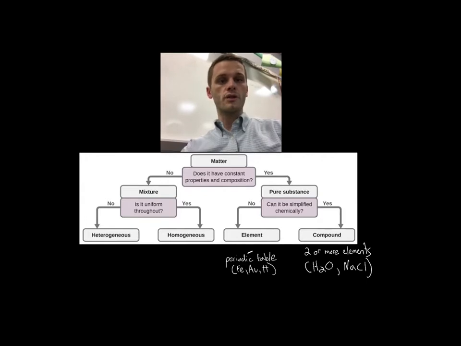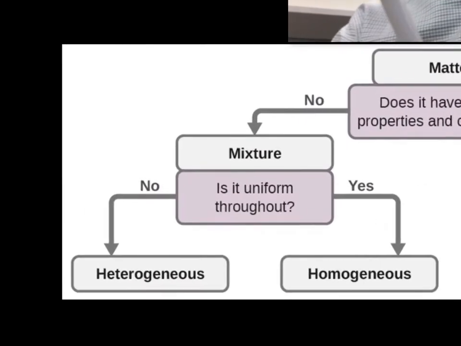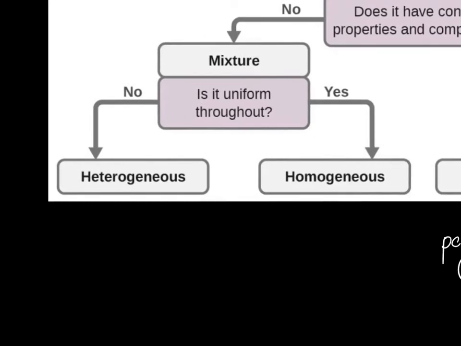So let's look at the 2 different kinds of mixtures. Our first kind is the homogeneous mixture. When you think of homogeneous mixture, you're thinking same. So in a homogeneous mixture, you can't see the different parts.